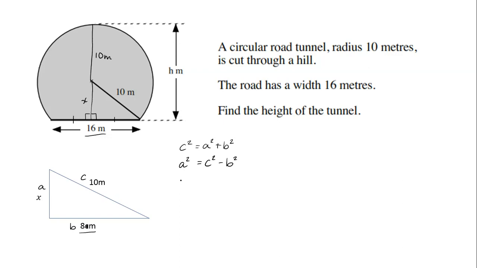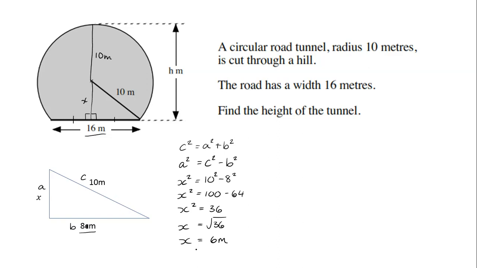And then from there, I'm going to substitute in, as I would normally do, and solve to find what x is. So I've got x squared is equal to 36. I want x on its own. The opposite of squaring something is the square root. So in this case, x is equal to 6 metres.